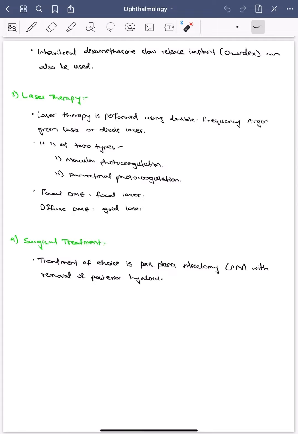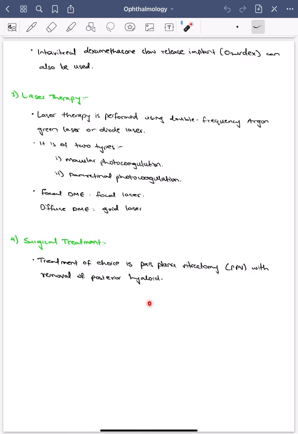The intravitreal steroids are intravitreal triamcinolone acetonide, IVTA, or intravitreal dexamethasone slow releasing implant. Then laser therapy, which includes macular photocoagulation and panretinal photocoagulation. And finally surgical treatment, and the treatment of choice is pars plana vitrectomy with removal of posterior hyaloid. Now this ends our discussion on diabetic retinopathy.